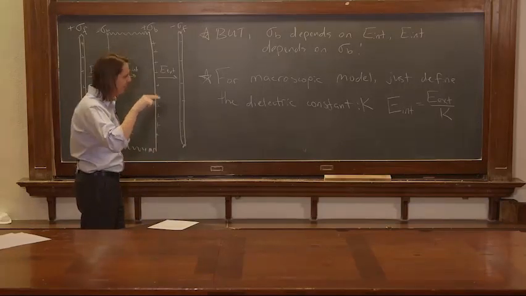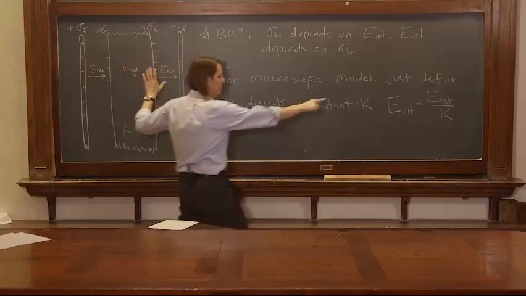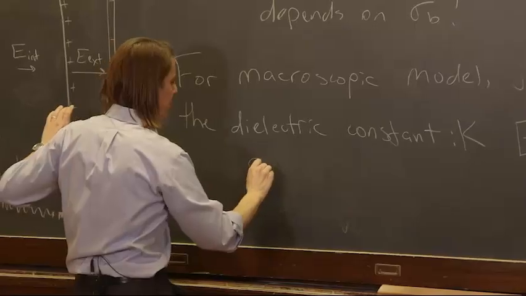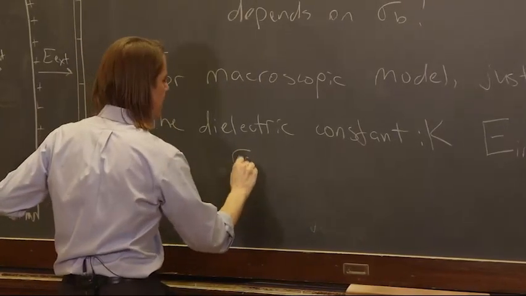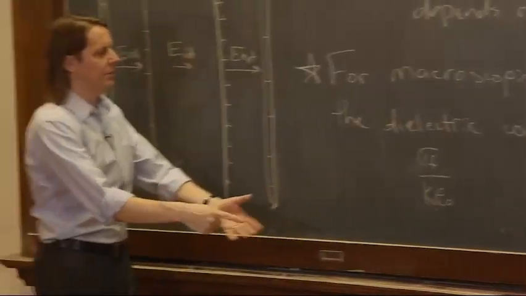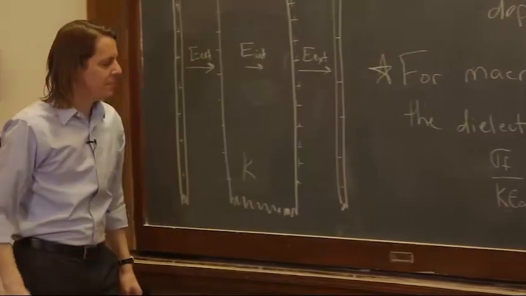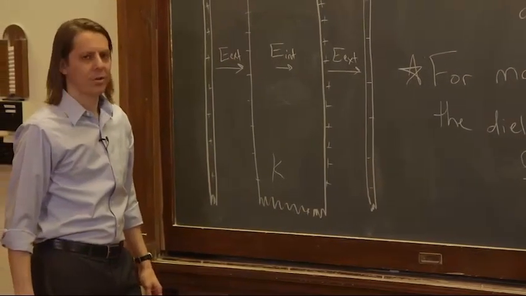Before we had sigma free. Oh yeah, we could say that E internal, which we now know is sigma, the free charge density, over K epsilon naught. Right, so that's E external, sigma free over epsilon naught, we're just dividing it by the dielectric constant.